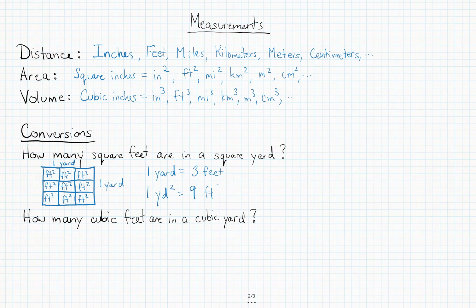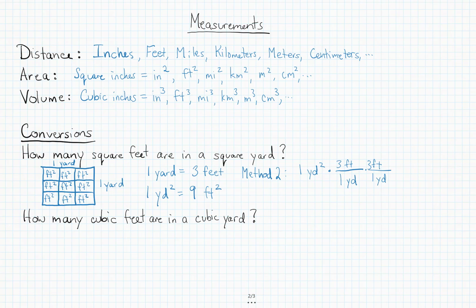But that's not the only way we could have gotten this. And what will serve us a lot better later on will be this other method where we can take 1 square yard. And so notice we have a square, so that means we need 2 yards in the denominators. And what we want to compare those to are feet, right? Because we want to convert it to square feet. So we know 1 yard is 3 feet.